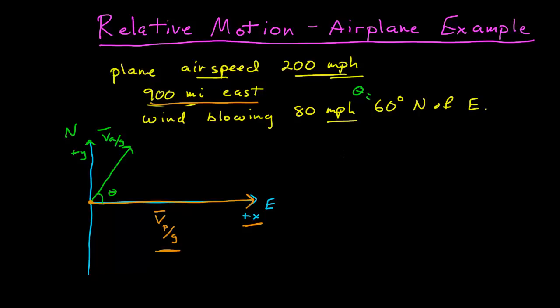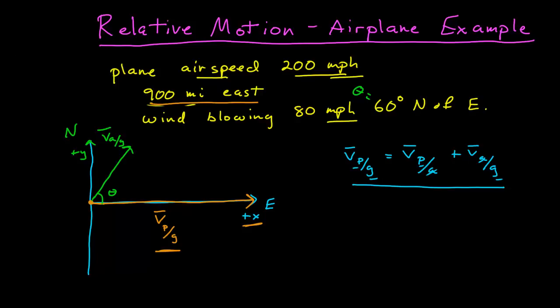And so we know that the velocity of the plane relative to the ground is equal to the velocity of the plane relative to the air plus the velocity of the air relative to the ground. That's our notation device here. And cancel those, plane relative to the ground, plane ground, okay. So make sure I get it all worked out.